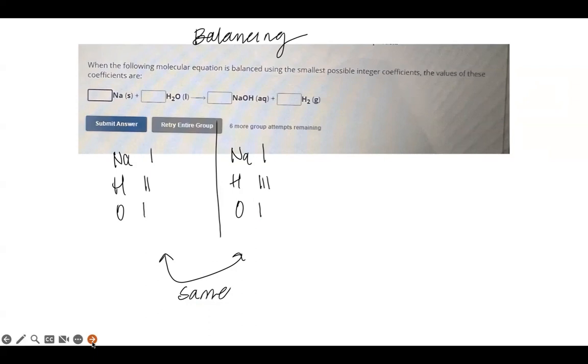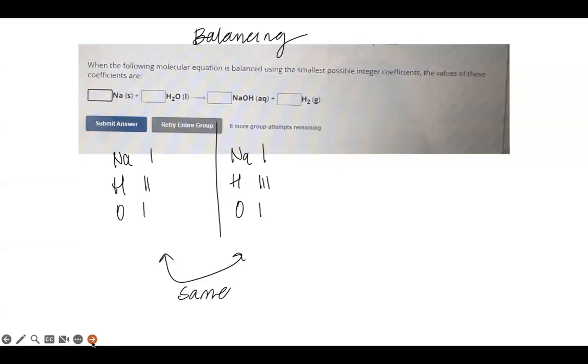I've had a lot of practice at this, but on the left side I'm seeing H2 always as a pair. If I put a coefficient of 1 here, it's going to be 2 hydrogens. If I put a coefficient of 2 here, it's going to be 4, and so on. That makes me think I need to start by getting this odd number of hydrogens on the right to an even number.